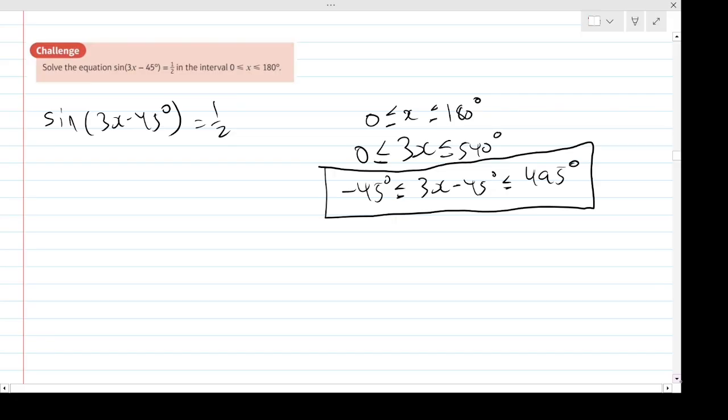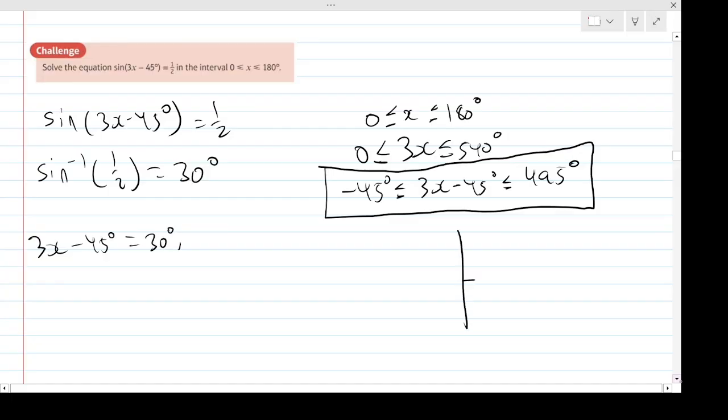Okay, so we're going to do the normal way. If we firstly do inverse sine of a half, we get 30 degrees. So my first solution for 3x minus 45, for my angle here, is 30 degrees. To find the other solution, we can consider the sine graph again, between 0 and 360. 30 is going to be about there.